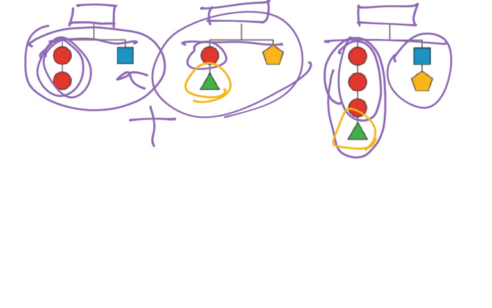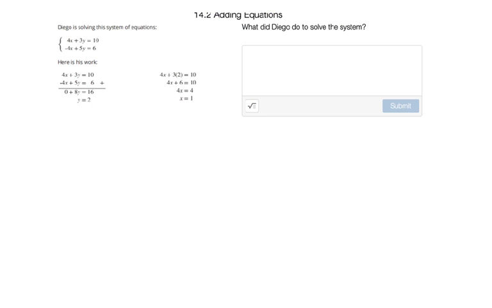And notice on the very last one, I have a blue square and a yellow pentagon, and I added those together. So now I wonder if I add those together, would they still be balanced? Of course they would, right? Because take a look, they're showing balanced on that mobile. So let's go on and take a look at this next slide.